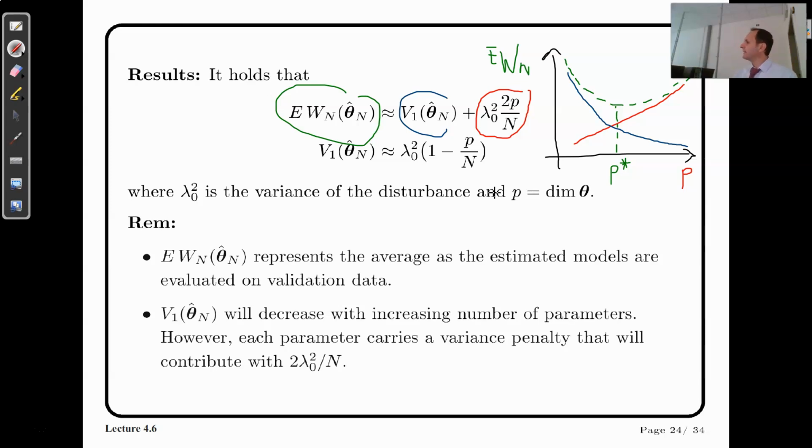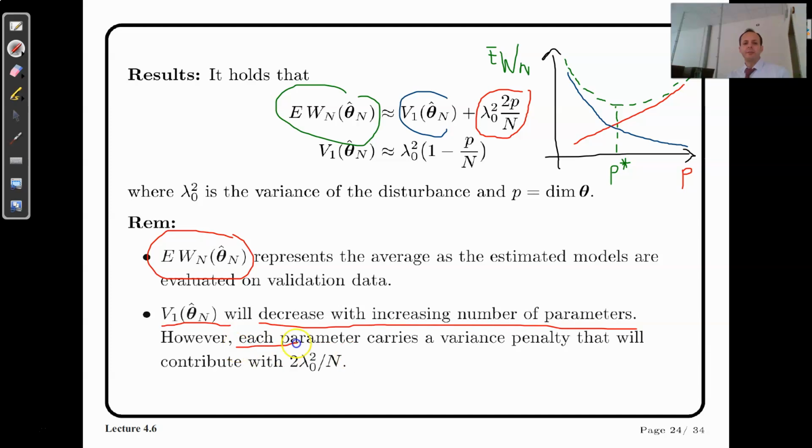We will see that we have some indicators that can be used for having a suggestion on the order of the model. As a note here, the expected value of this function represents the average of the estimated models that are evaluated on the validation data. And as is shown here, the cost function V1 will decrease with the increasing number of parameters, which is this blue.